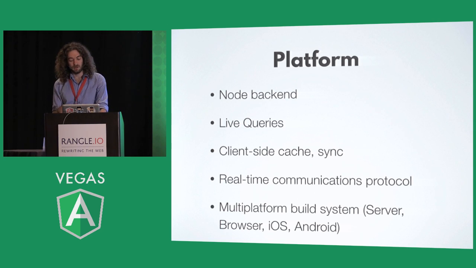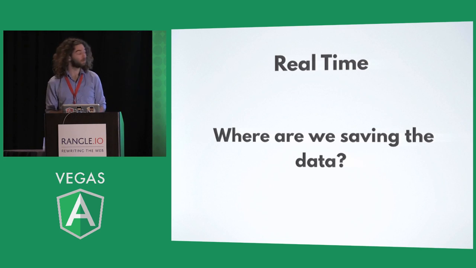Now, I'm going to touch just a few of those to show you that it's not magic, and you can actually change everything inside it, and it's completely open source.